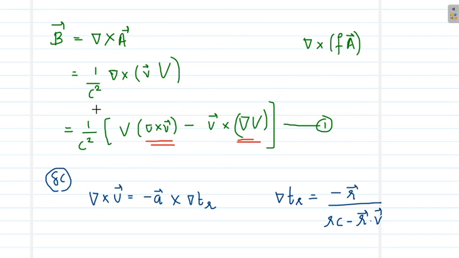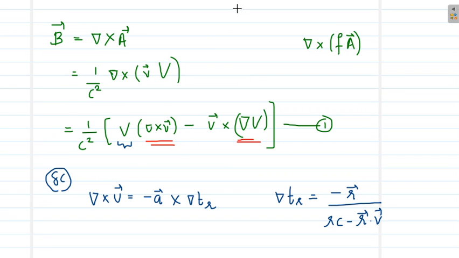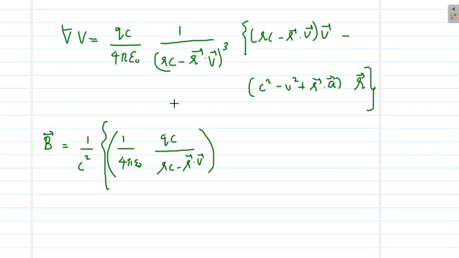First we have to substitute for the scalar potential V, and that V is substituted here. Now we need to substitute for del cross V bar. So that is equal to minus A bar cross del TR. Del TR is minus R bar divided by RC minus R bar dot V bar. So this is the first term.